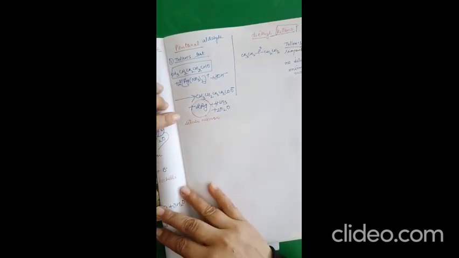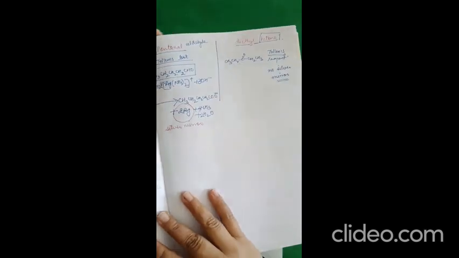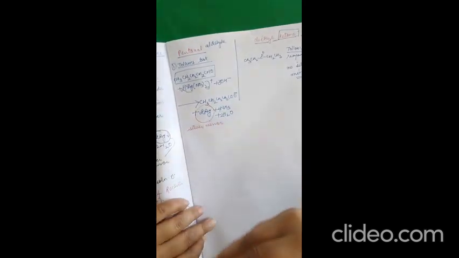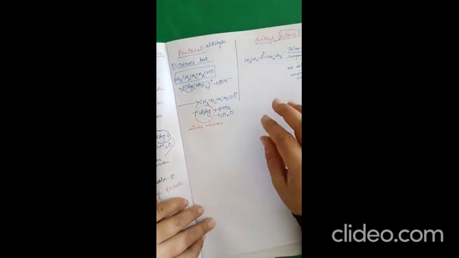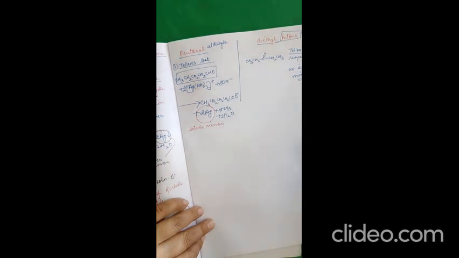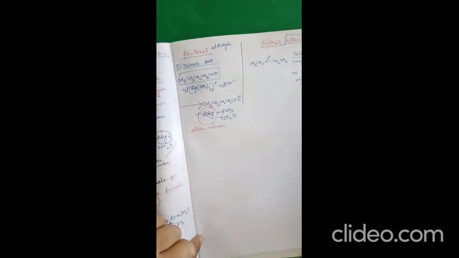So how to distinguish between aldehyde and ketone? You can write the Tollens test or the Fehling test. In the Tollens test, silver mirror is formed if aldehyde is there, and in Fehling solution, a red precipitate of cuprous oxide will be formed. But keep this in mind that the Fehling solution test is not given by aromatic aldehyde.